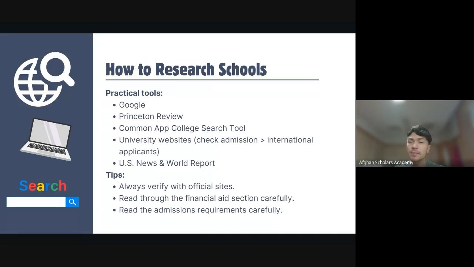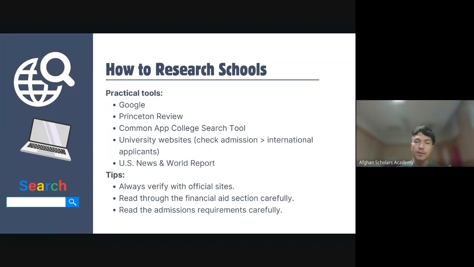And some of the tips: always verify on official websites. There are universities that have duplicated websites by other resources, but that's not the website that you should use. Read through the financial aid section carefully, and make sure that they have what you need.